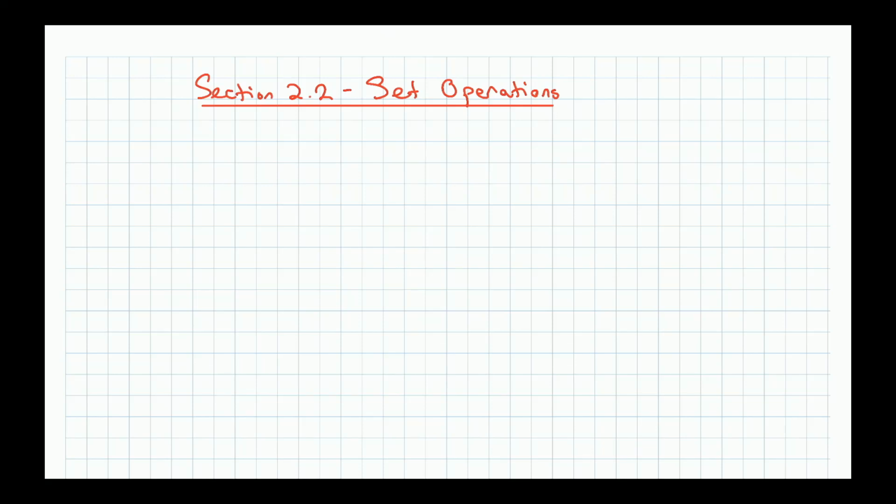Now, something from 2.1 that we're going to need is this definition here.